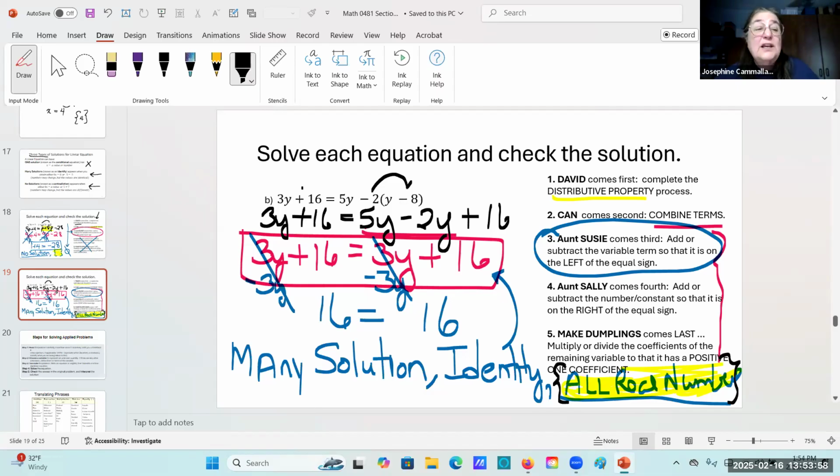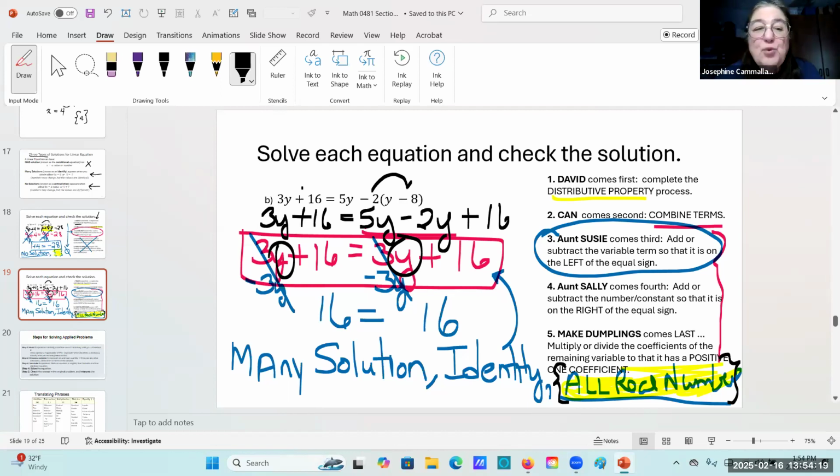Now, you'll notice that if you use your student guide, they also call this an infinite number of solutions. Well, it's infinite because no matter what letter or number I pick for y, I'm still going to get the same answer.